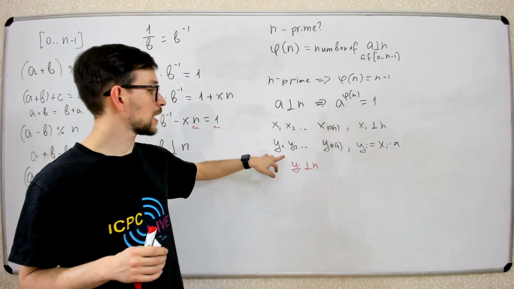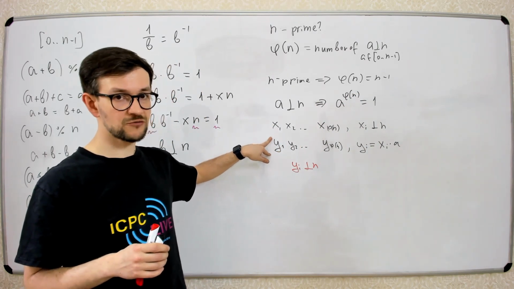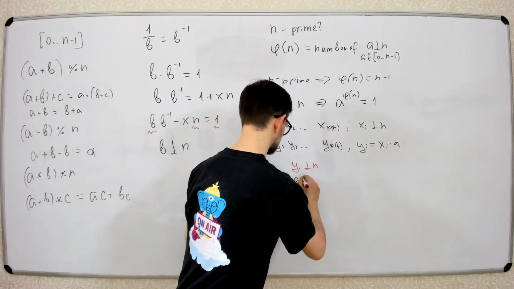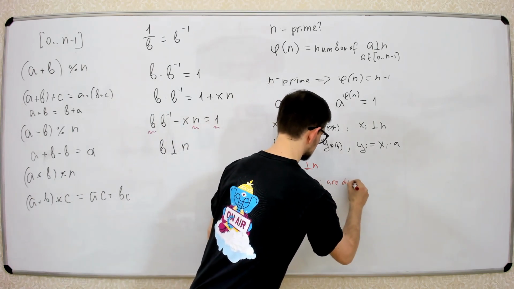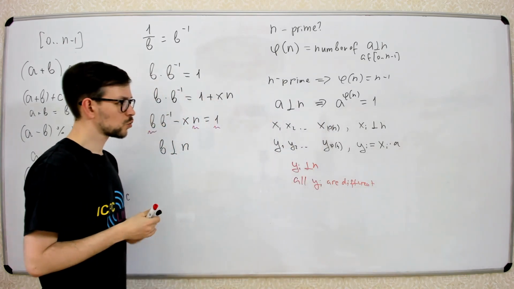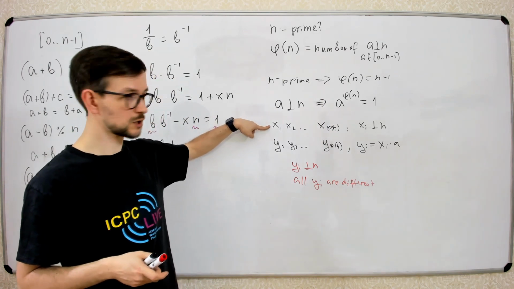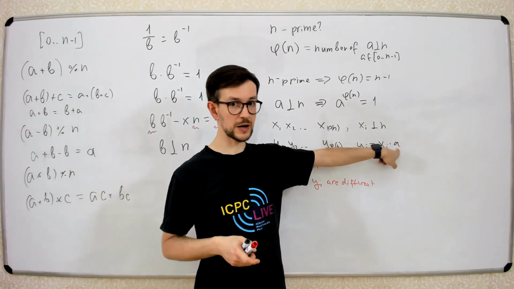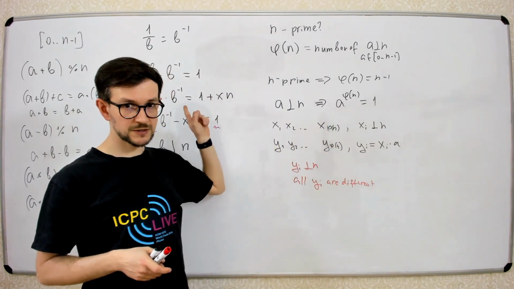Now, second observation is that all these numbers y are different. Why is it true? Because we can get from number y to number x just by dividing by this number a. Number a is coprime with n, so we can divide by it.